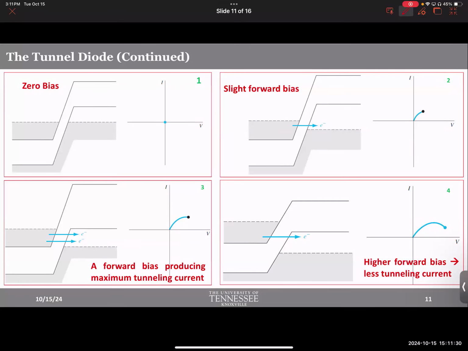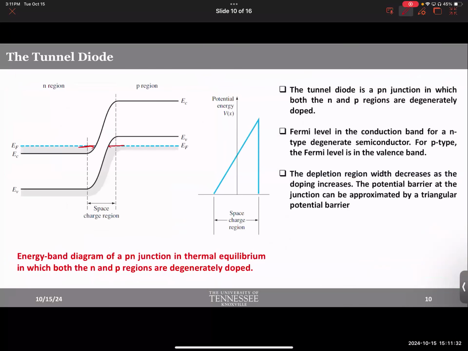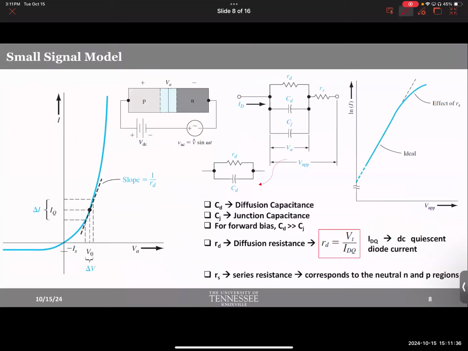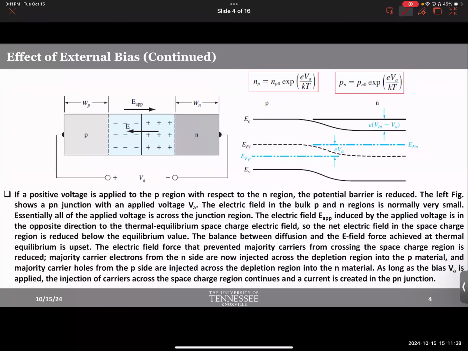This is unique, by the way. You haven't asked me the question, but it's really strange that I'm talking about it that way. Let's get back to the conventional p-n junction. When we talked about electrons going from one side to the other, electrons could go from here to the other side because this was positive or forward bias. But notice they were going from conduction band to conduction band.